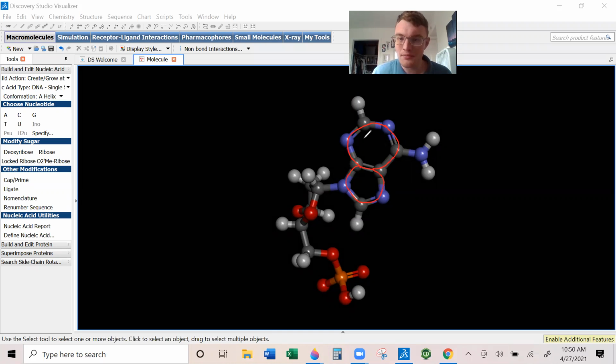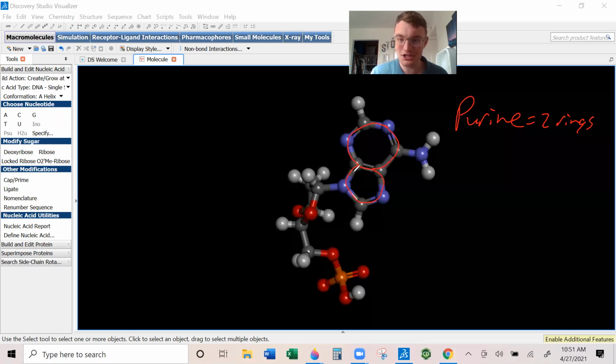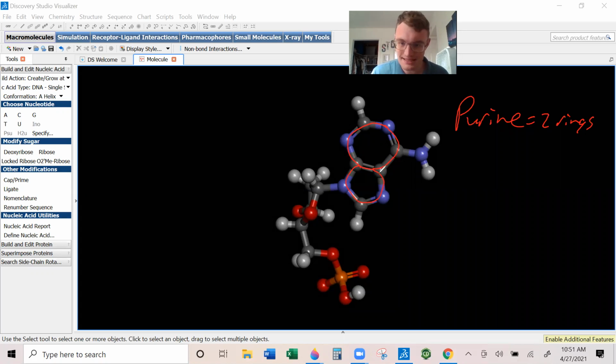Adenine is what we call a purine. And a purine means that the nitrogenous base has 2 rings in it. When we say 2 rings, if you look at the physical structure atom for atom of the nitrogenous base, you can distinctly see there are 2 circles of atoms here.